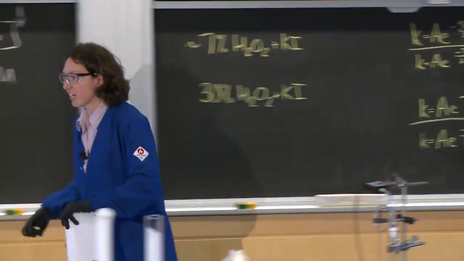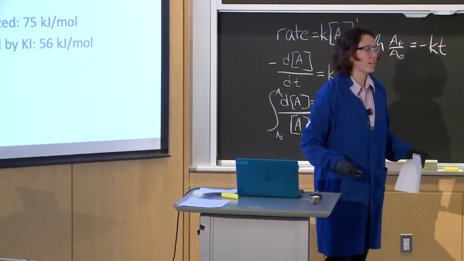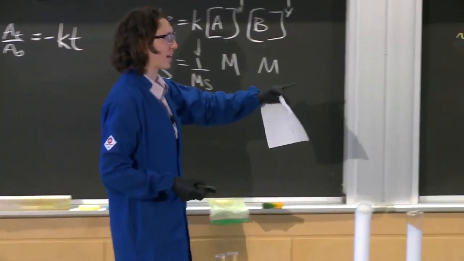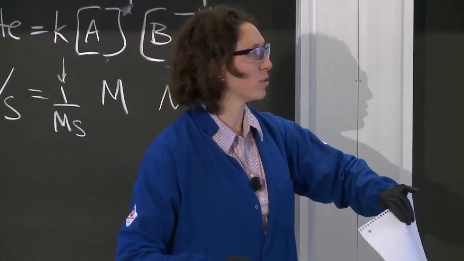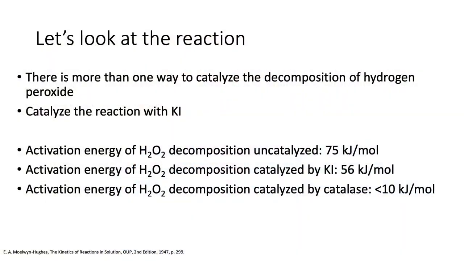Now, if we talk about catalase, you will calculate the actual activation energy of the catalase-catalyzed reaction, but I will start and tell you that it is less than 10 kilojoules per mole. So that is a pretty significant change, right? Going from 75 kilojoules per mole down to 10 or less. That's a lot.